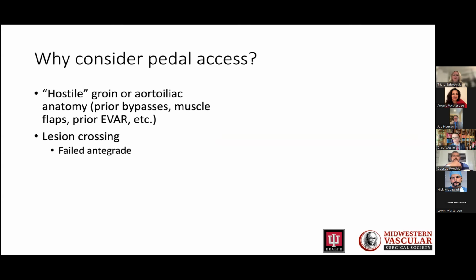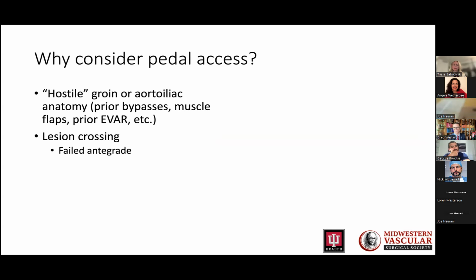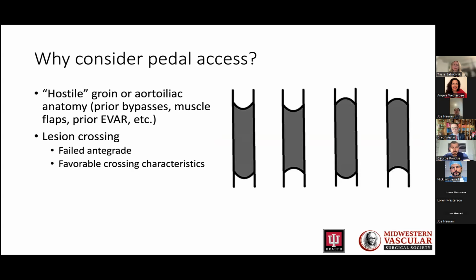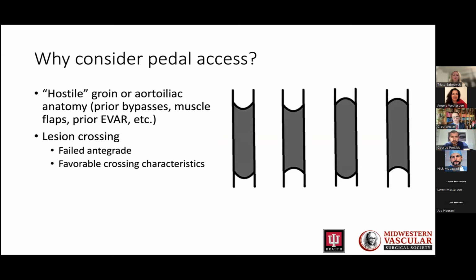In terms of getting across a lesion, antegrade crossing may not always be successful, meaning not how you access, but how you cross the lesion. One way of looking at this has to do with the characteristics of the lesion, which honestly I haven't found terribly useful.